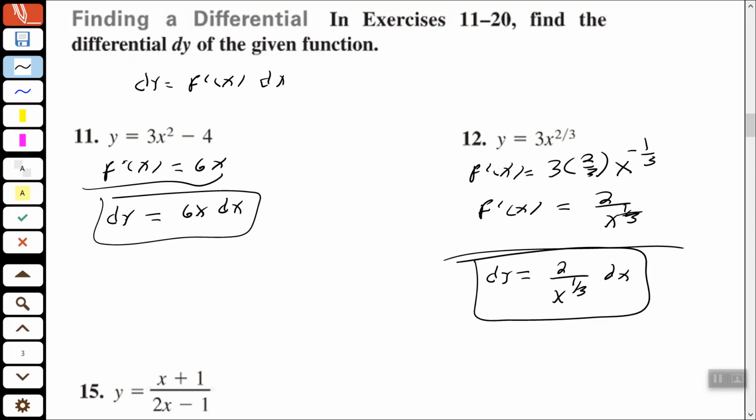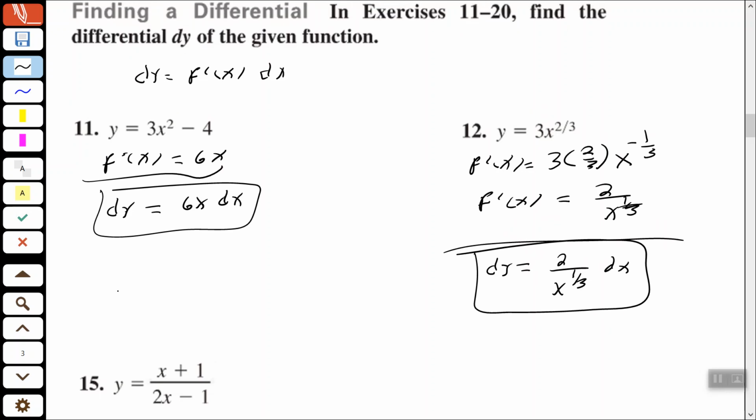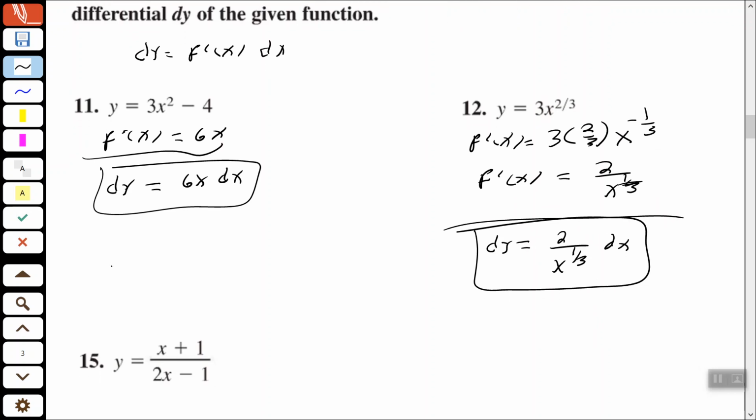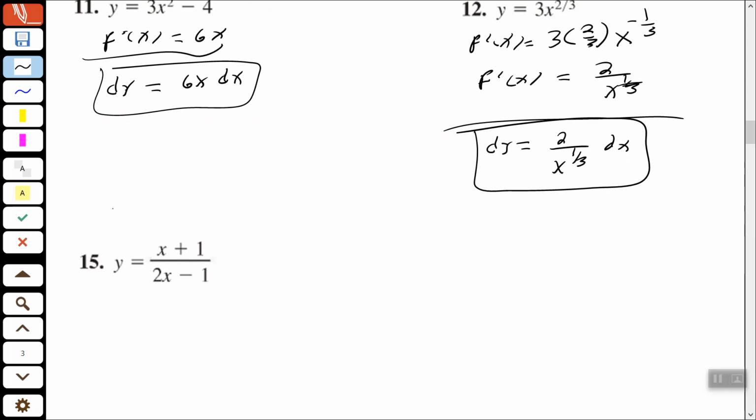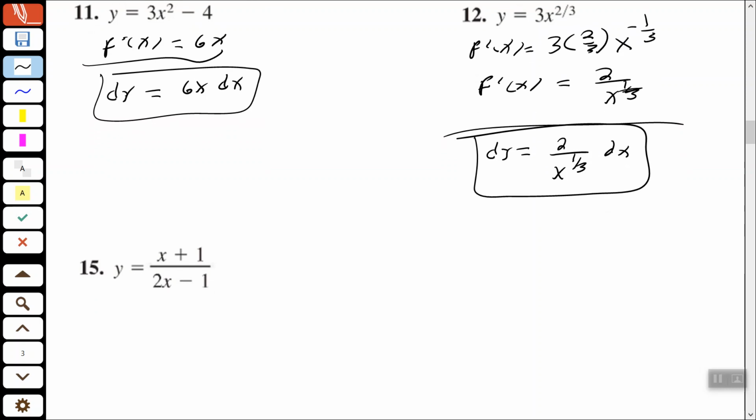Again, the reason for that is because f prime of x is equal to dy dx. So we just multiply both sides by dx. That's the only difference there. So you're just finding your first derivative and then moving the dx over, multiplying both sides by dx.